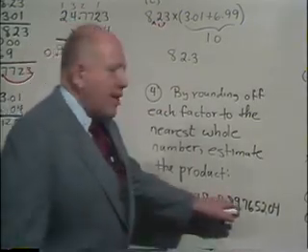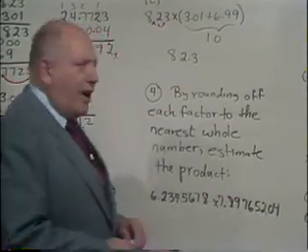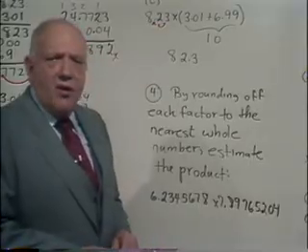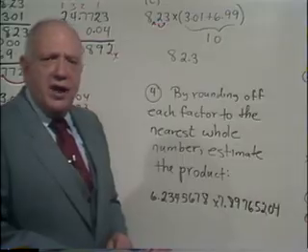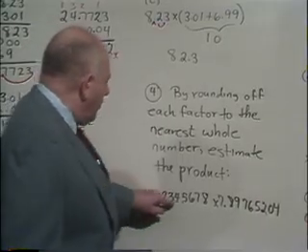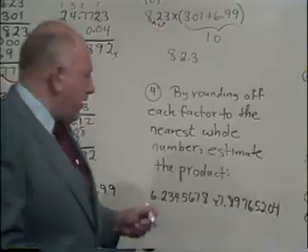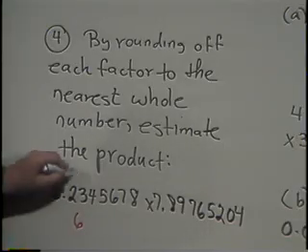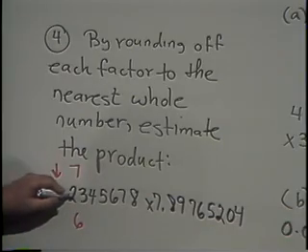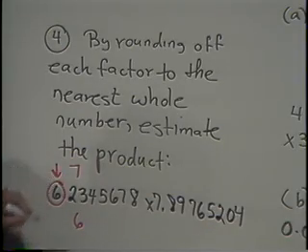See, this looks scary, but what does the instruction say? The instruction says round off each of these to the nearest whole number. See, 6.2 is between what? 6 and 7. See, it's more than 6, it's between 6 and 7, but because this digit is a 2, we're closer to the 6. Is that correct?